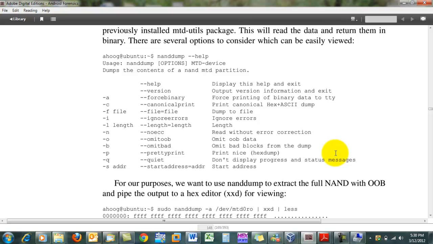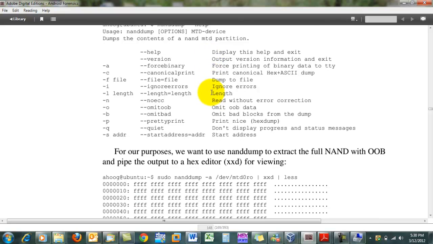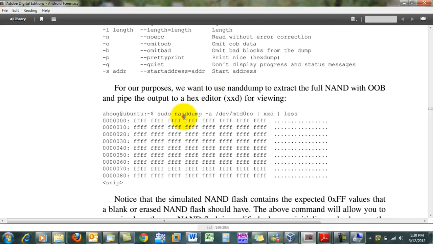That's the reason why we need to use nanddump to dump all the NAND contents into a file, and use a hex editor to read it. So in this example, nanddump will dump everything of this NAND device simulator that we just created. We pipe it to xxd, which is just a hex editor viewer, and we look at all the data inside.